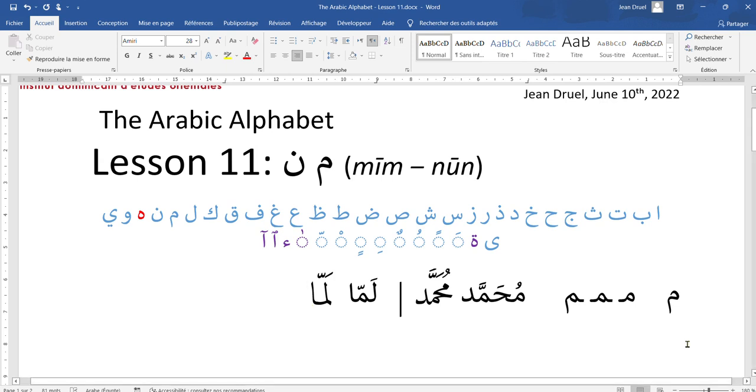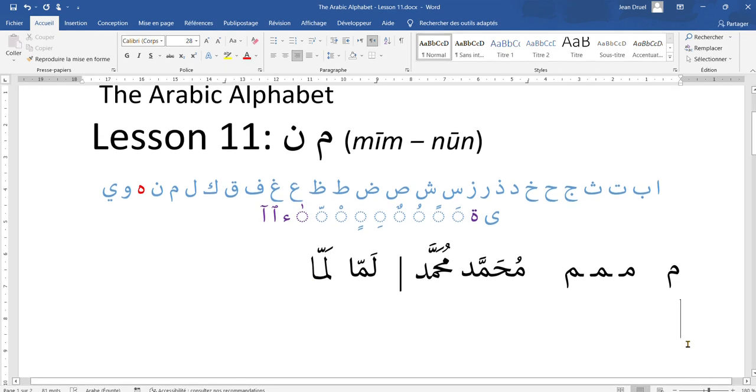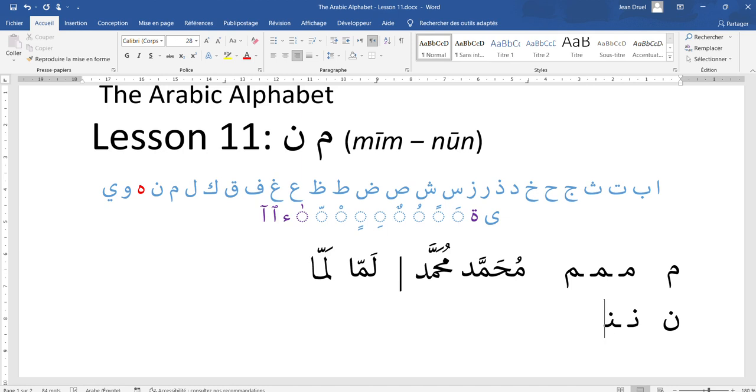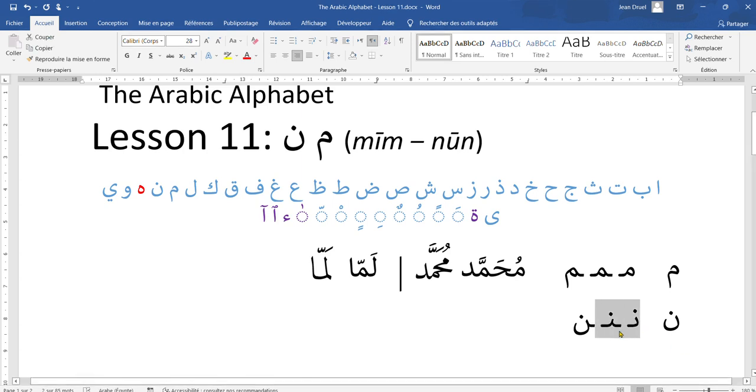For the noon, we also have some specific issues. If I now write the noon, the isolated form is this one. It also connects on both right and left sides. What is a bit puzzling is that it has the same initial and medium form as the ba, ta, tha, and the ya.